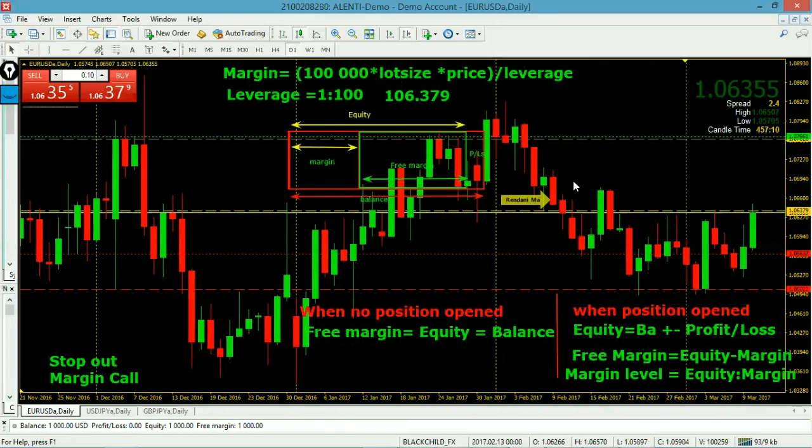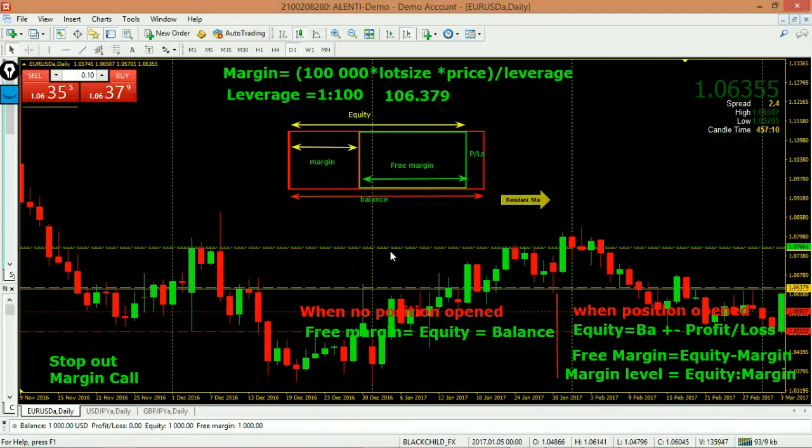Right. When it comes to the choice of the lot size, a lot of traders ask, what lot size should I use if I'm opening my position?